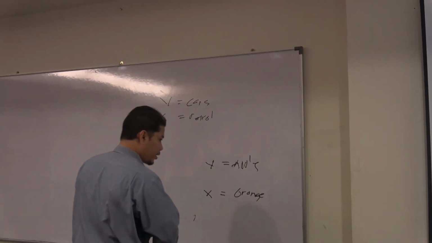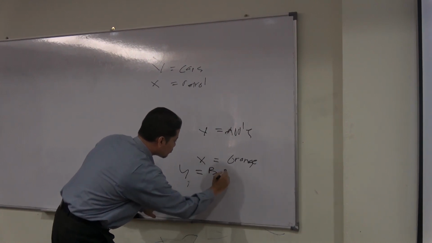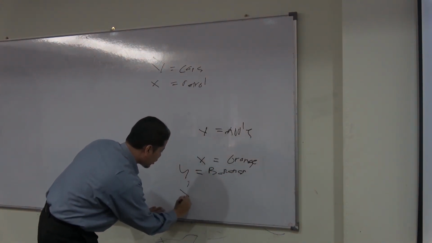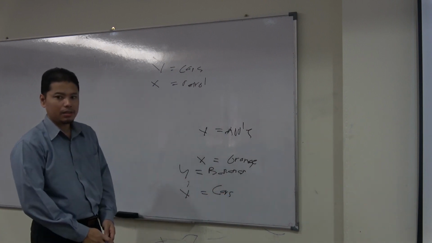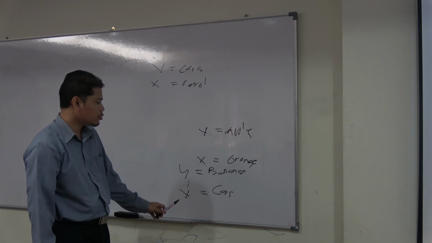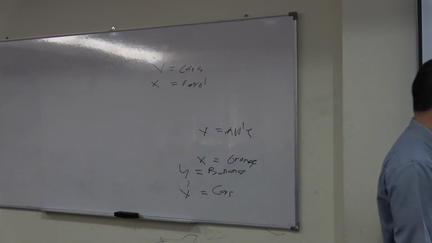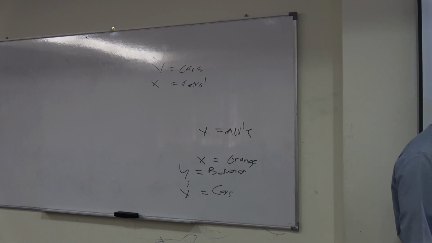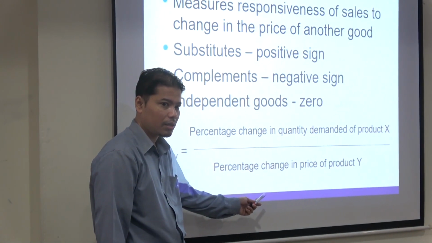Okay, let's say Y is bananas and X is cars. These two products seem to be not related, right? So if you look at the formula here, if the price of Y, let's say, declines, so the price of banana declines, people will buy more bananas, right? But what is the relationship between bananas and cars?